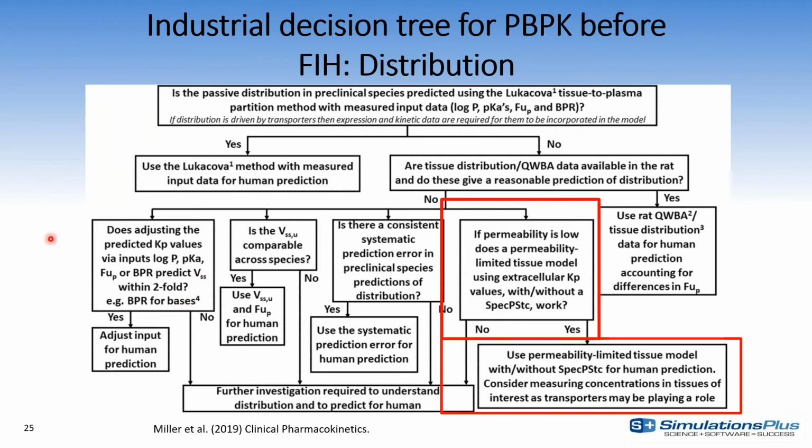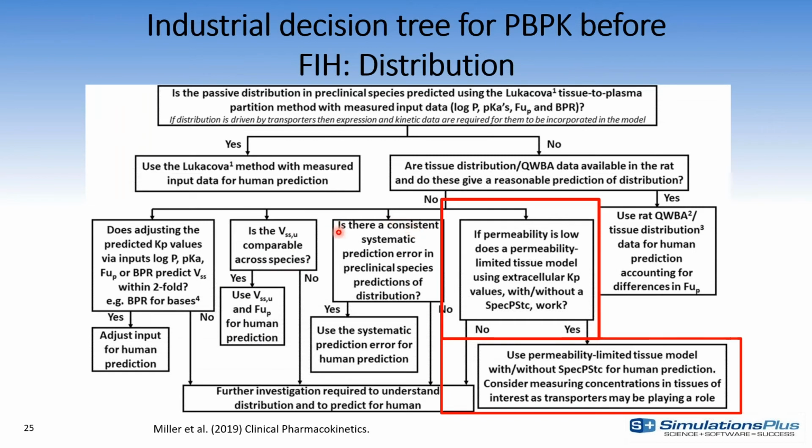The first suggestion they gave here is adjusting the predicted Kp values, while inputs log P, pKa, FUP, or RBP can predict the volume of distribution within 2-fold. If yes, we're going to use that adjustment for human prediction. If not, then is the VSS unbound value comparable across species? If yes, then we're going to use that for human prediction.